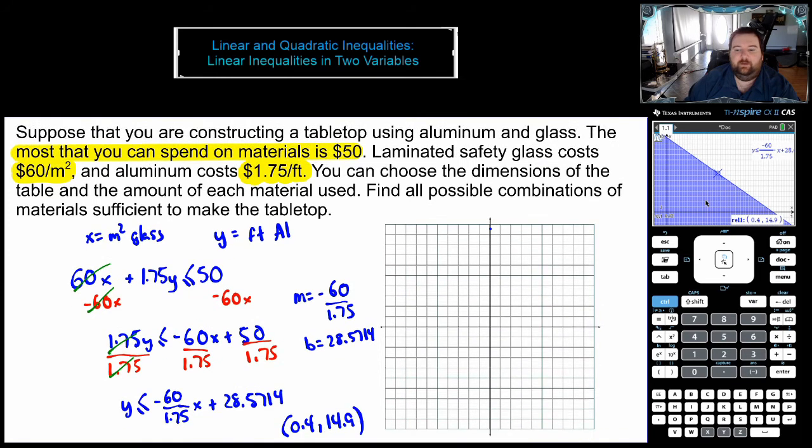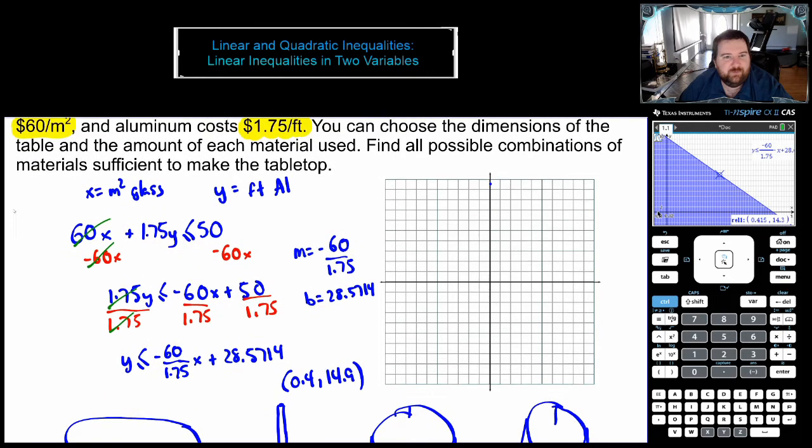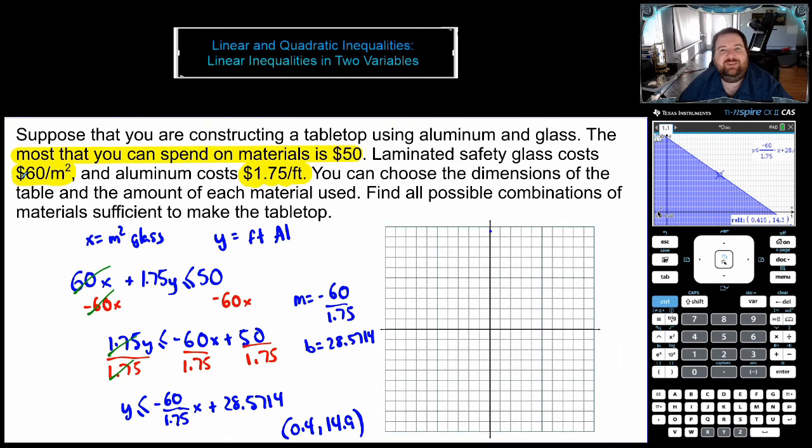And of course, you could have picked any number of other solutions by zooming in and out here. And remember that any of these points also work, right? Anything in this area also works. But the thing about those is you're definitely spending less than 50 bucks. Anything on your line here, you're spending exactly 50 bucks. And so I would prefer to use those just because I'm getting the most table for my money.